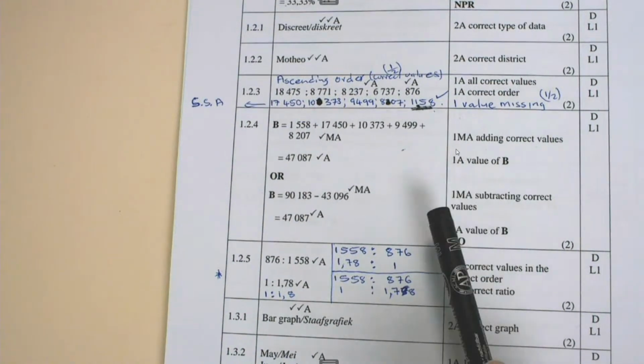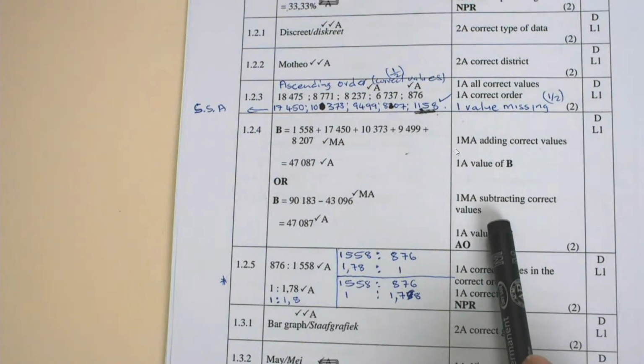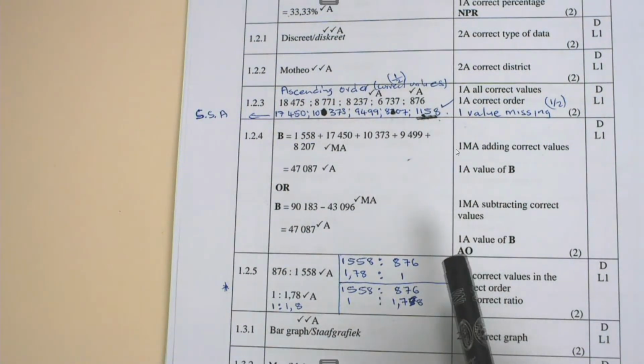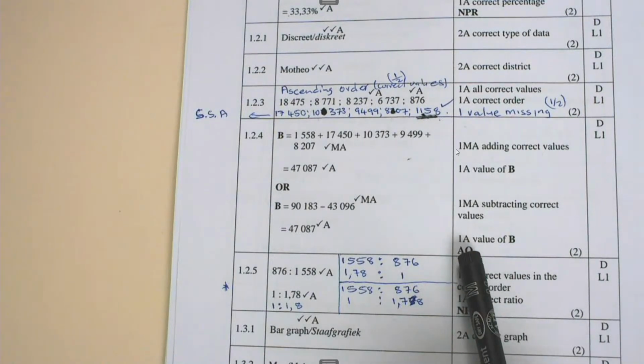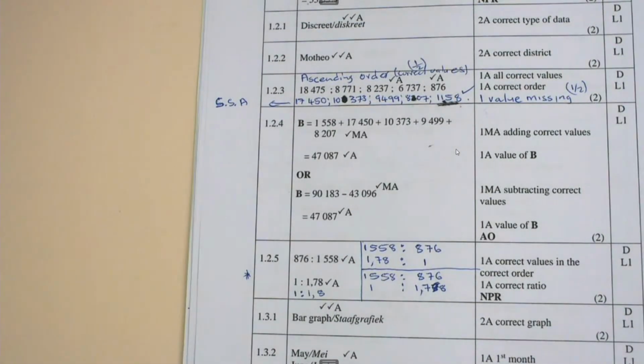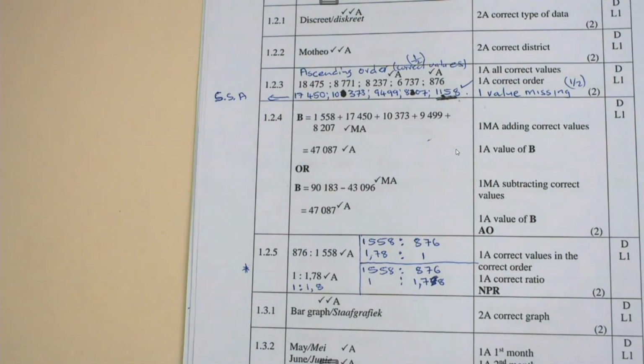It's 1 mark for MA for subtracting correct values, and another mark, an accurate mark, for the value of B. Answer only, full marks, and it should be the correct answer. I think colleagues are still following.